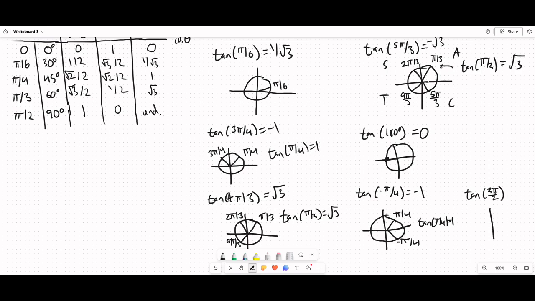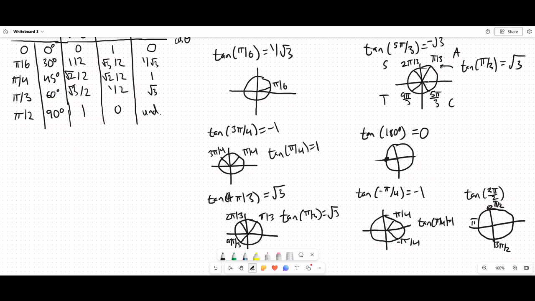Okay, last but not least, our trick question. Tangent of 3 pi over 2. Where's tangent of 3 pi over 2 on the circle? Well, here's 0. Here's pi over 2. Here's pi, and then 3 pi over 2 is down here. So what we notice is it should behave the same as pi over 2.